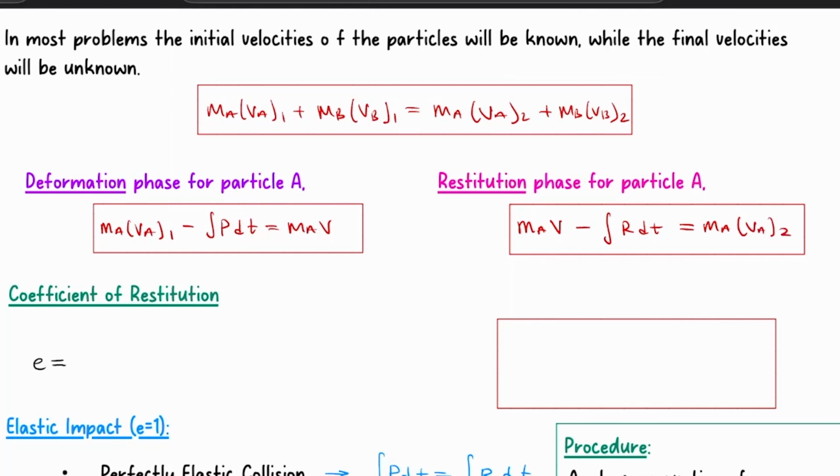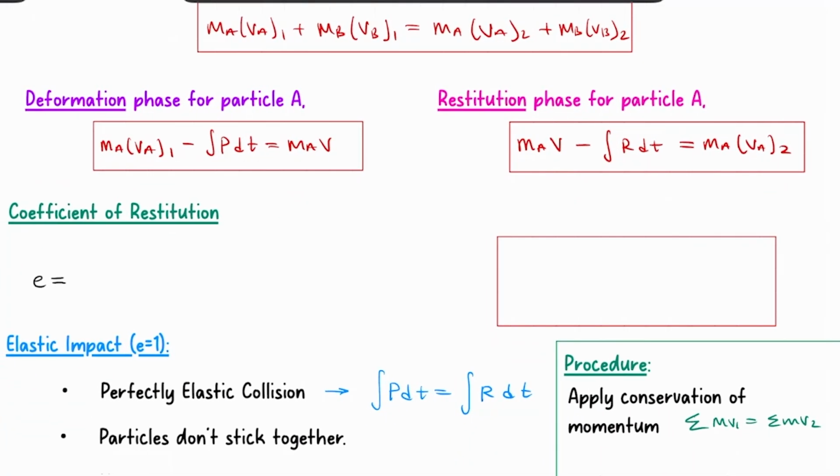So notice that what we wrote there is the principle of linear impulse and momentum, but we're just doing it for the different stages during the collision. With this, if we rearrange them, we're going to get what's known as the coefficient of restitution, where the coefficient of restitution is defined as the ratio between the restitution impulse divided by the deformation impulse.